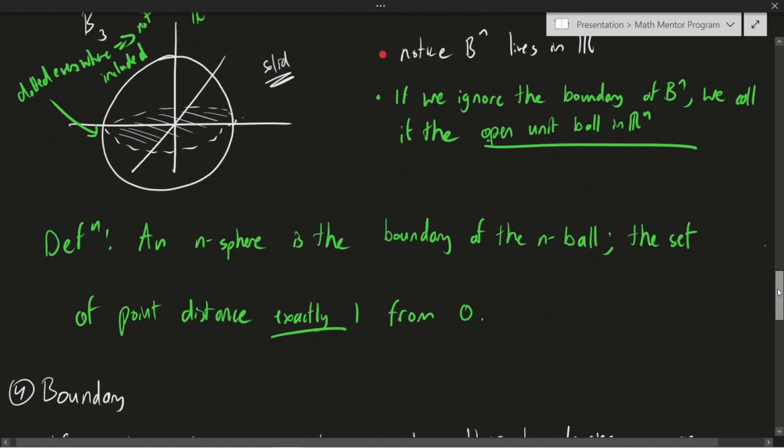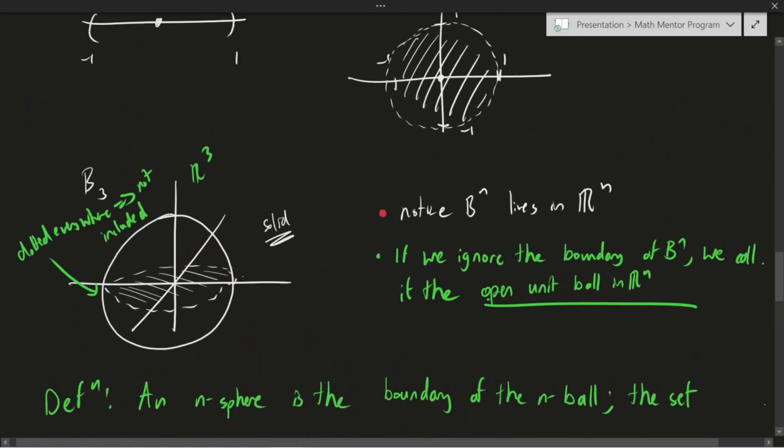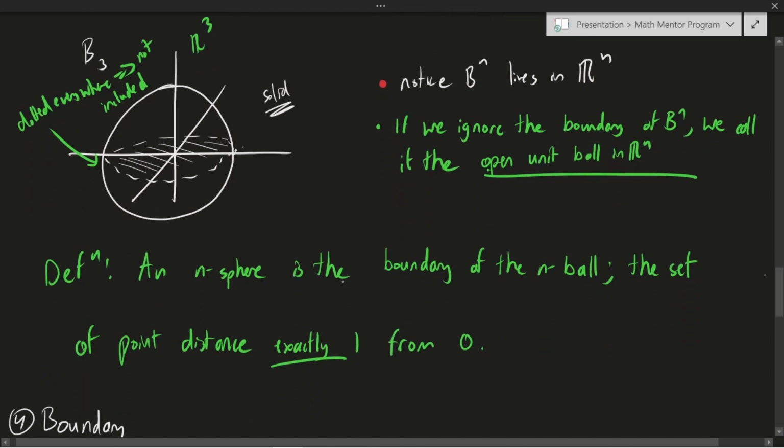And the last thing is an n-sphere. The n-sphere is one of the trickiest things to name because it is one of the things that is most commonly misinterpreted because of this convention with Bn lies in Rn. So people think that the n-sphere will of course lie in Rn, but that's actually not true.